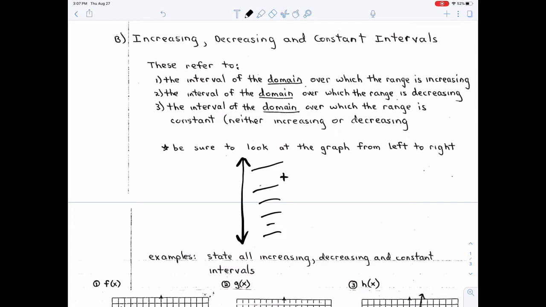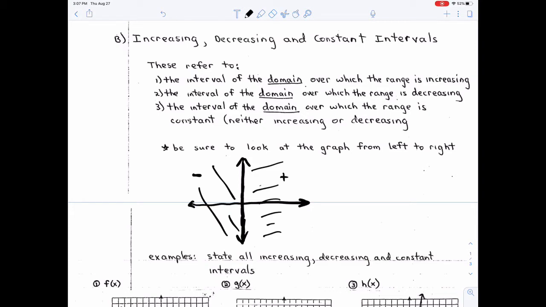In other words, on the right-hand side, your domain values are positive. Where are they negative? Well, over here. Your domain values are negative, okay? Now, you have to be careful here. Where are they 0? Domain is not 0 at the origin. Domain is 0 along the entire y-axis. Anywhere along the y-axis, your domain values are 0.